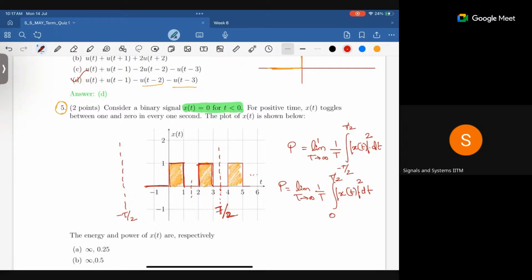Capital T is 7. We can see two boxes. If capital T is, let's say, 4.5. So I'm just writing this x of t.